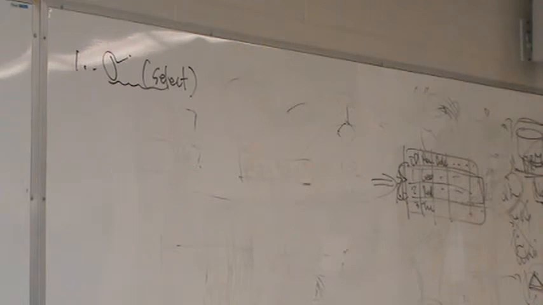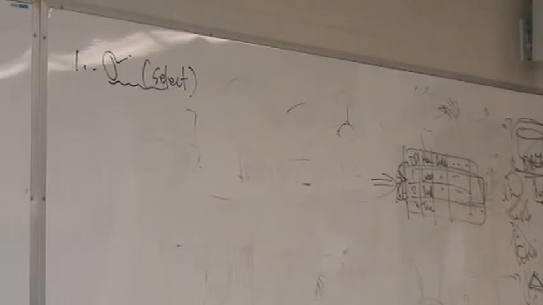For any operation in relational algebra, what is the input of such an operation? Select. A table or relation. Okay? This is a relation. It's a set. So the input of any operation is a relation.